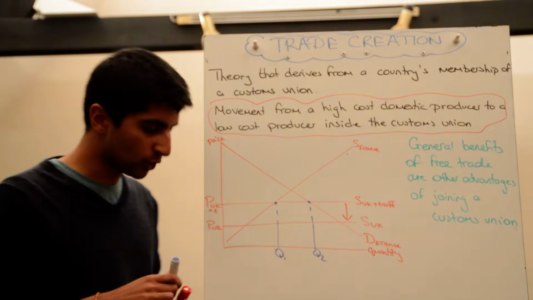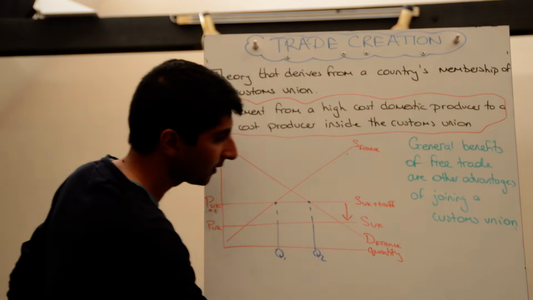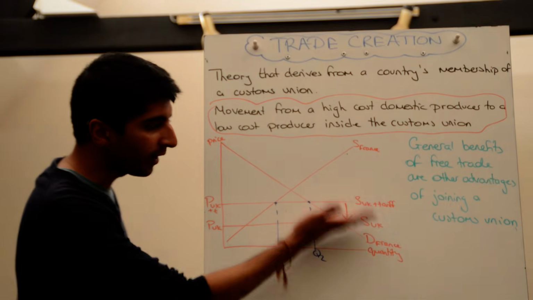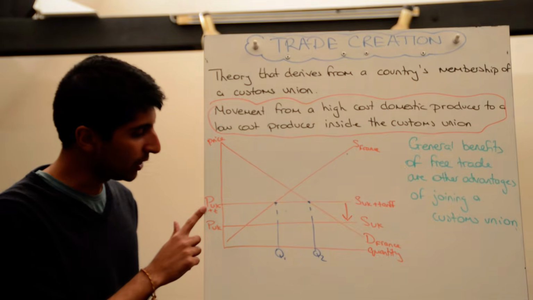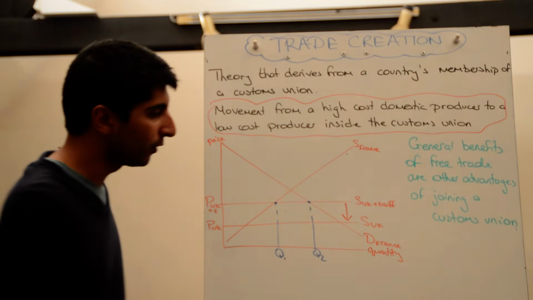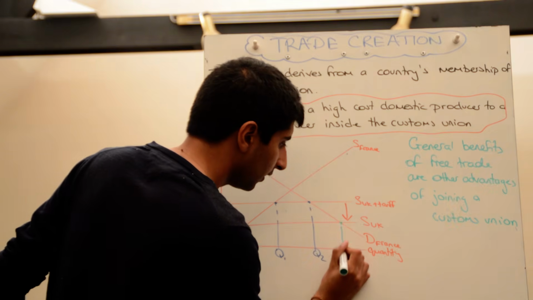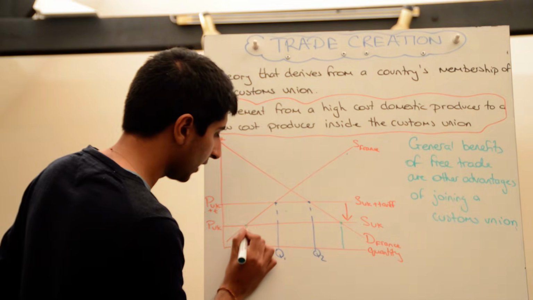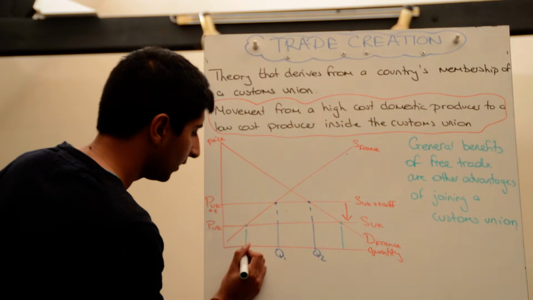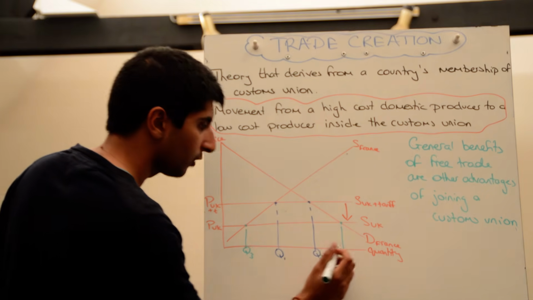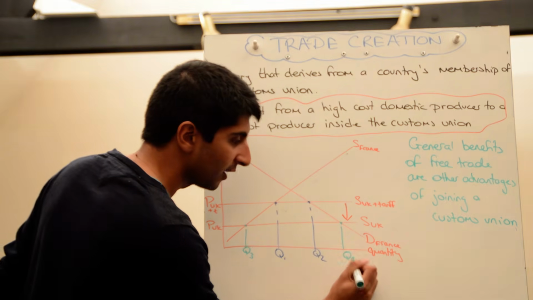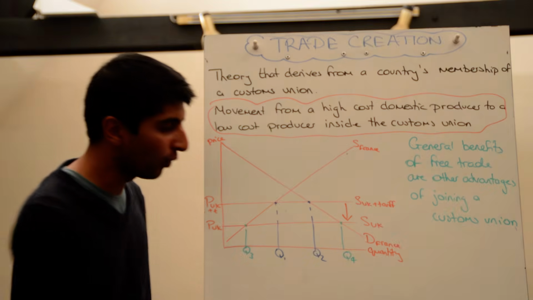So what does that do to our quantities on the axis? Well, now with this lower price, because the tariff goes away from PUK plus T to PUK, there is an extension of demand in France, and there is a contraction of domestic supply in France. So domestic supply contracts to Q3, domestic French demand extends to Q4.